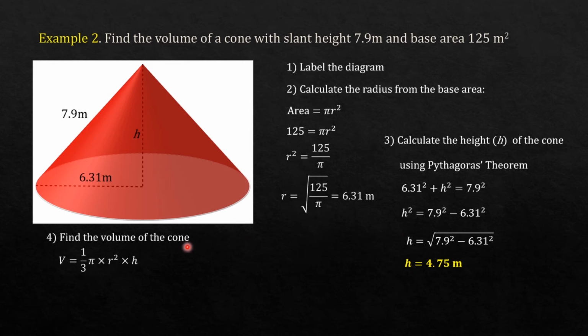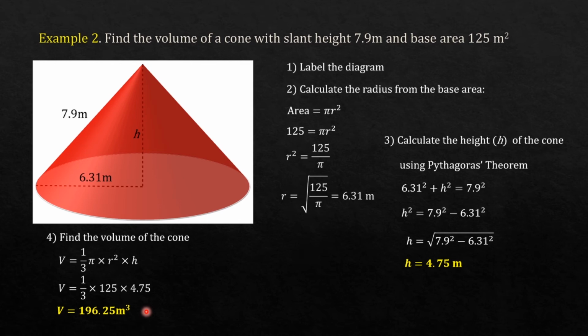Now to find the volume of the cone, we will use the radius, which we found is 6.31, and the height is 4.75. And then we substitute the numbers in. And for the volume, we'll get 196.25 cubic meters.